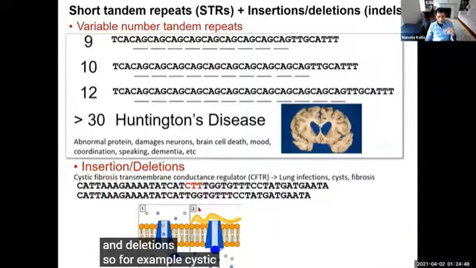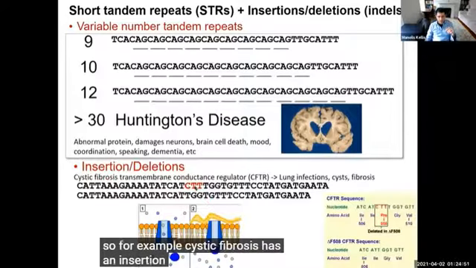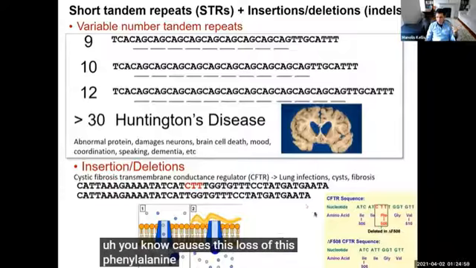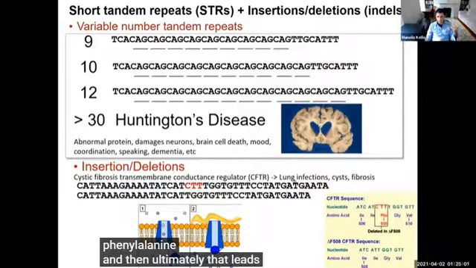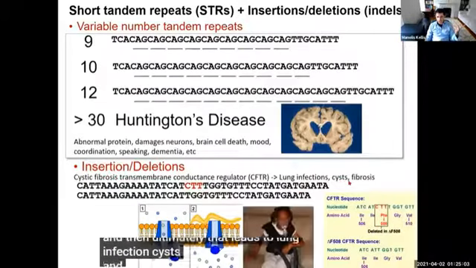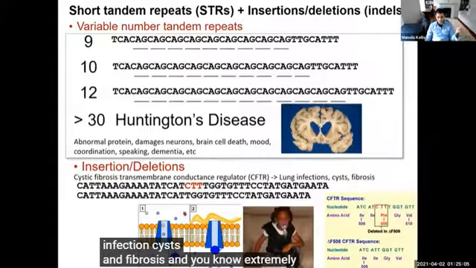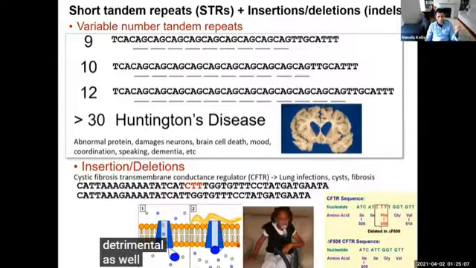So for example, cystic fibrosis has a deletion of CTT, which basically causes this loss of this phenylalanine. And then ultimately that leads to lung infection, cysts, and fibrosis, and is extremely detrimental as well.